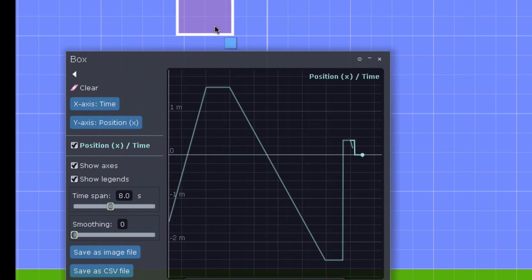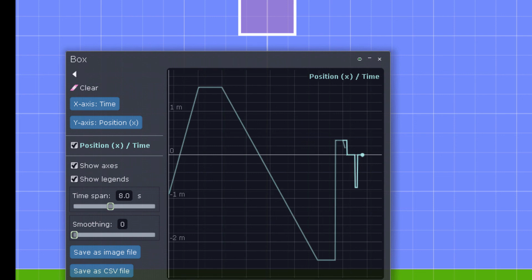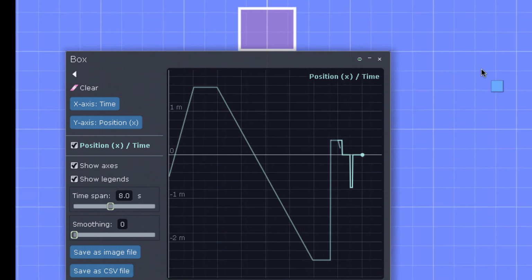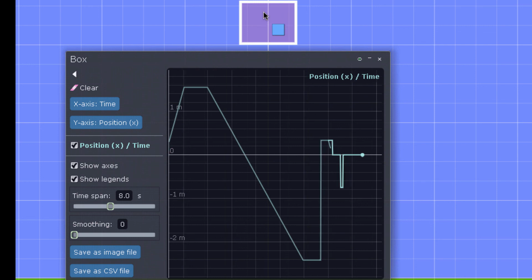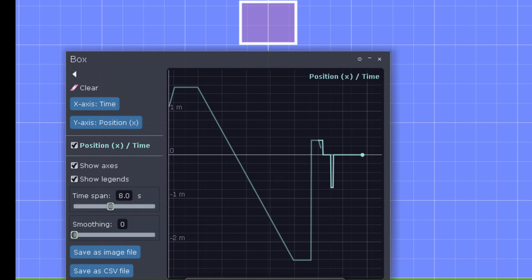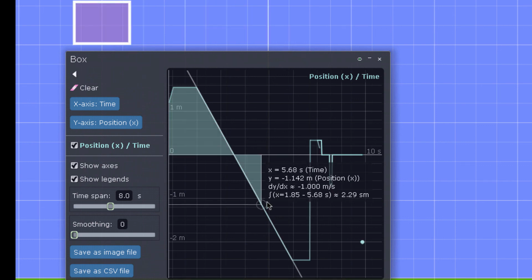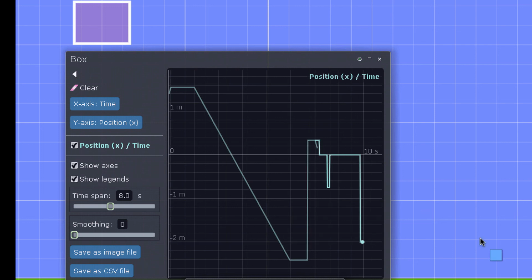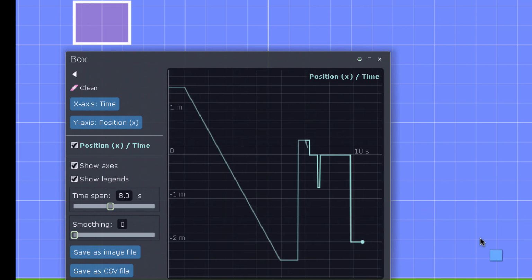But again, your origin is something you decide to make things as easy as possible. So it would have been, in hindsight, smart of me to have put this where the simulation agrees it's at 0 meters, but I purposely put it somewhere else to show that, well, it is arbitrary. We get to pick.